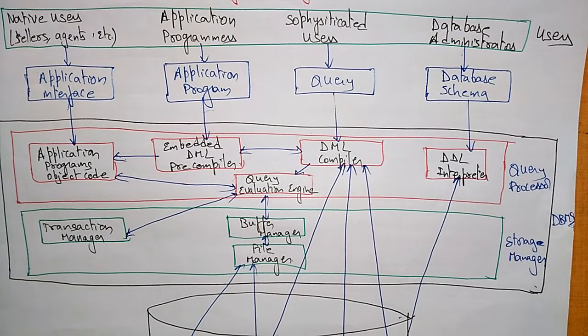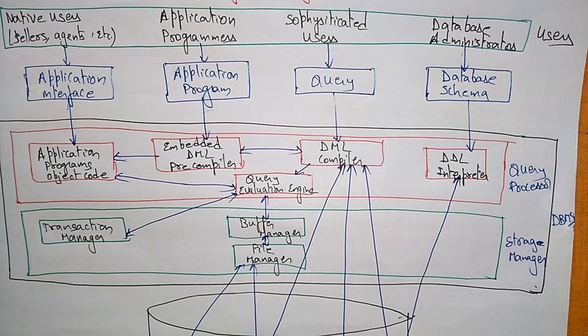Suppose you are the user, and you want to get some data from the database. What will you do? You just open the page, suppose you open Gmail, and you want to store your relevant files in the database. Whenever you open Gmail, you just see the screen, that's it.